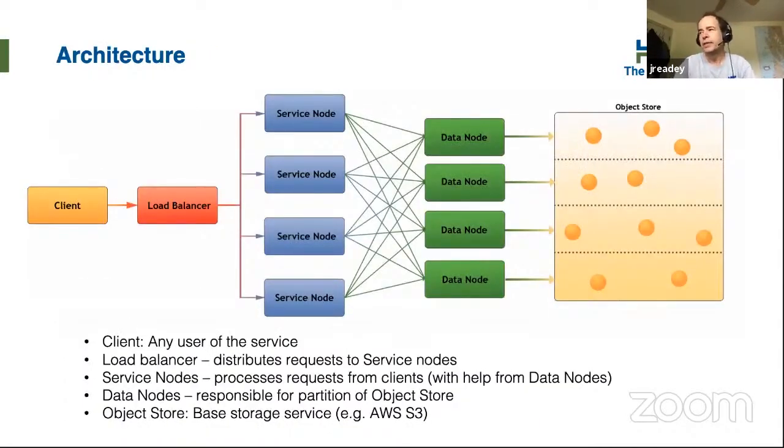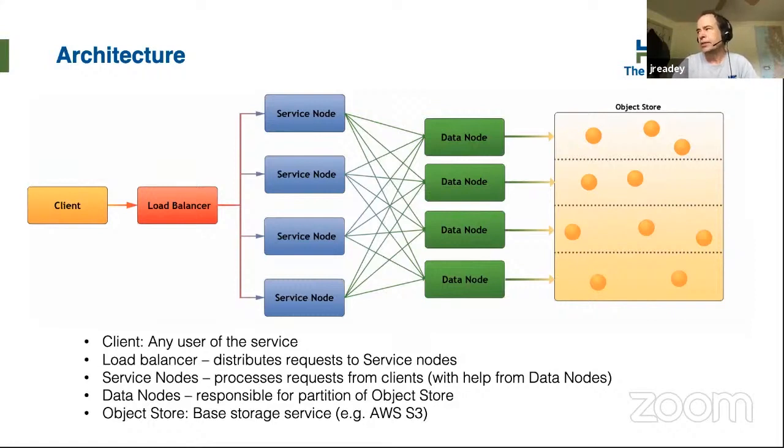The architectural diagram looks like this. The blue and green squares represent containers. We have two types of containers. There are the service node containers, and they are the ones that front requests from the client. And then we have data node containers. They are the ones that work with the actual storage data.